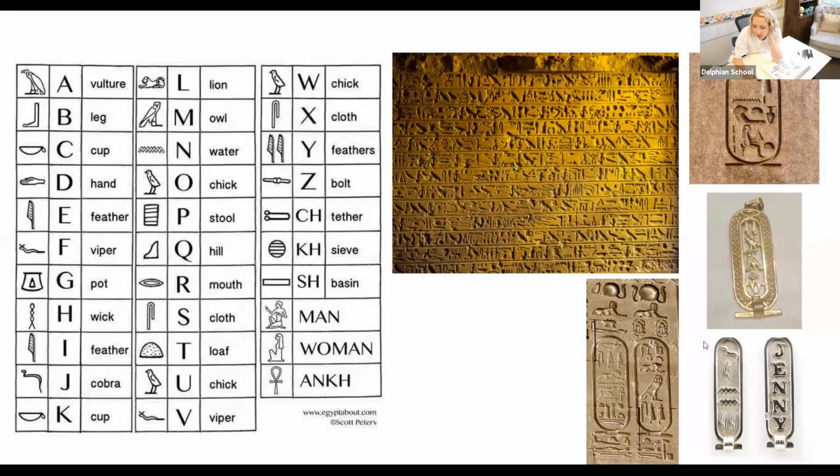Loaf, wick, vulture, water cup, which means thank you. Oh, you're welcome. Wow, I can tell that some of you have been studying some Egyptian history. You know some good facts here. This is awesome.